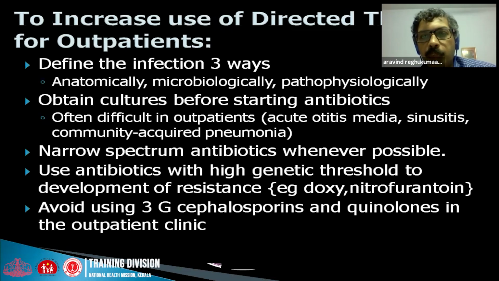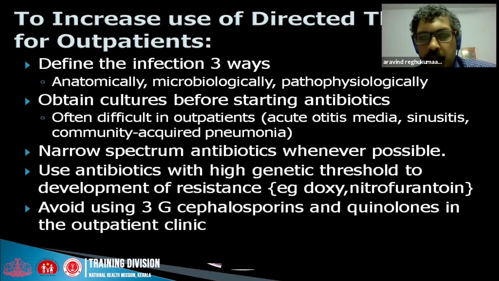And then the third is pathophysiologically. And the golden rule is to obtain cultures before starting antibiotics, but this is actually very difficult in the outpatient scenario, except in situations like, say, a cystitis. In other situations, collecting cultures before starting antibiotics in the OPD scenario may not be feasible.